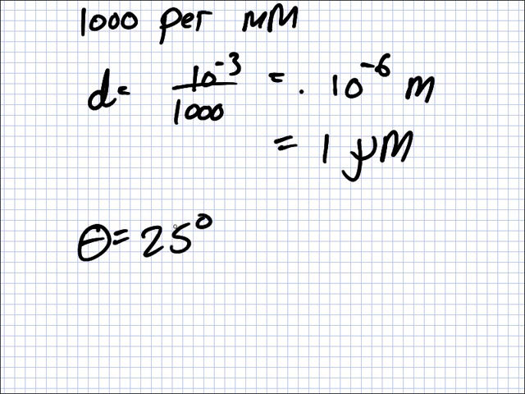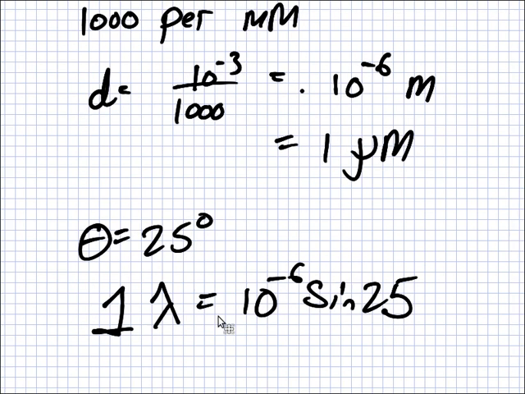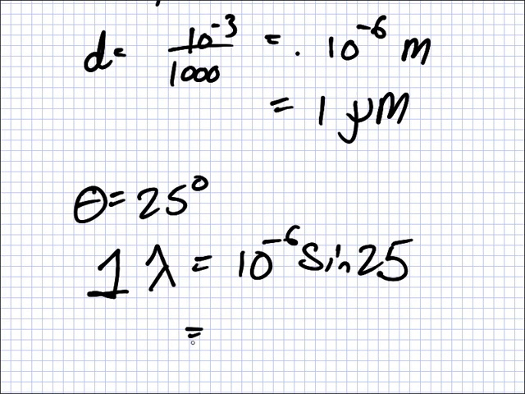Determine the wavelength of the light. So n lambda equals d sine theta. What's sine 25? 0.4226.